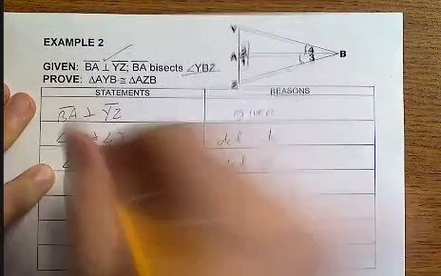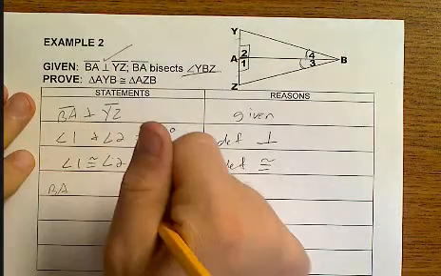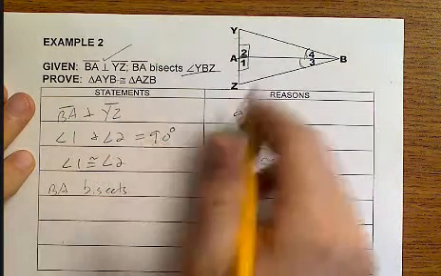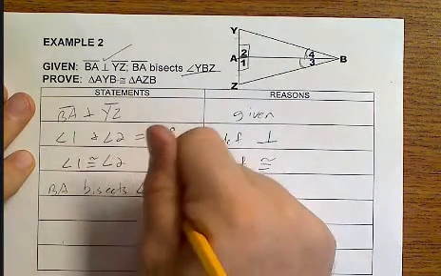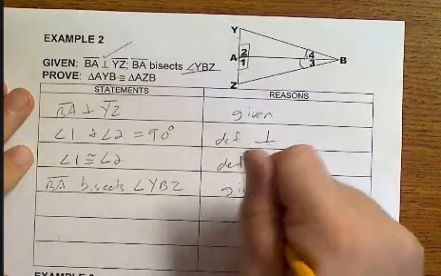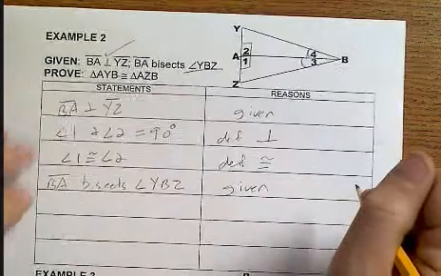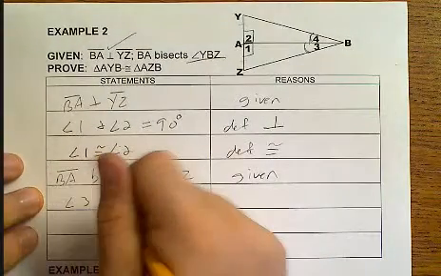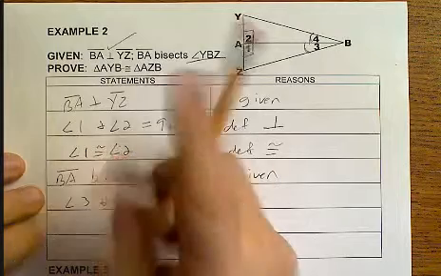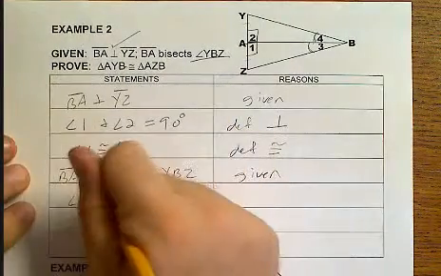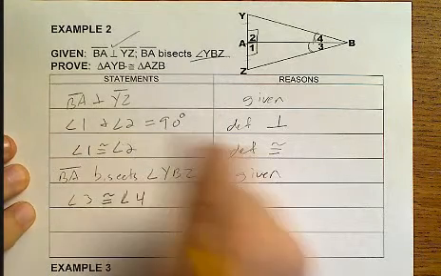Well, next we said that BA bisects YBZ. Well, they gave that to us. That means that angle 3 is congruent to angle 4.